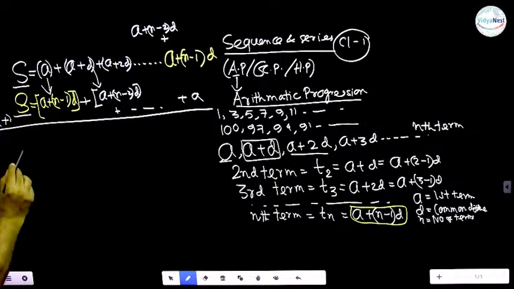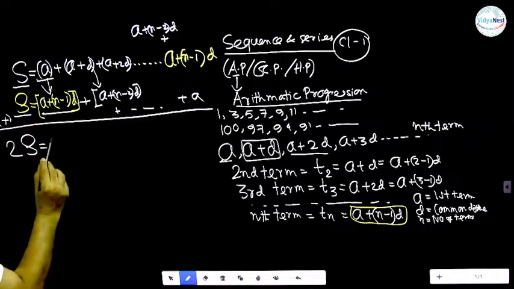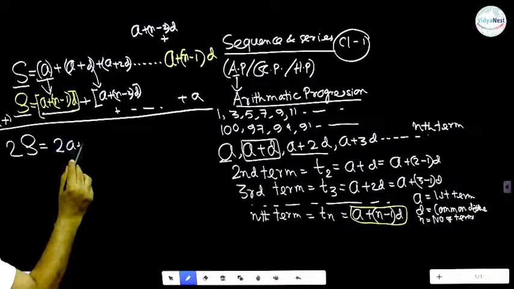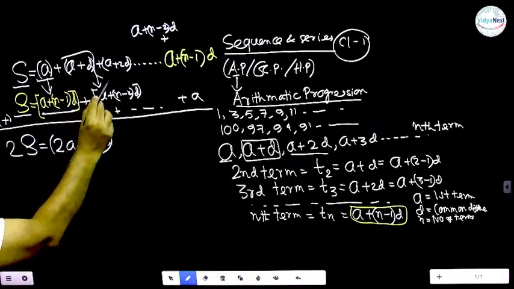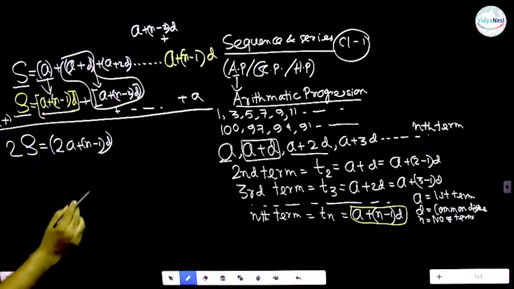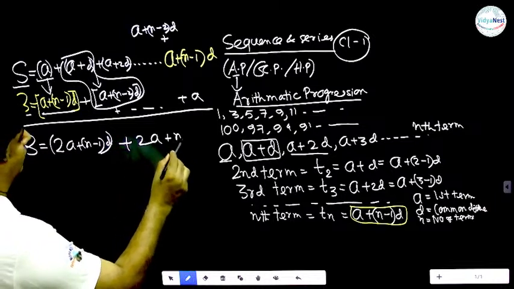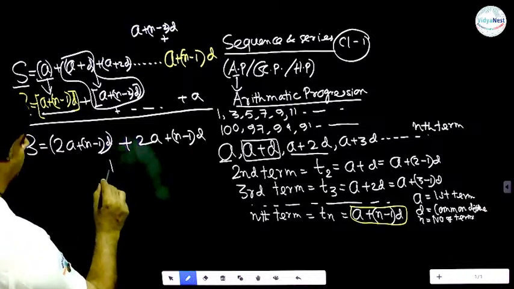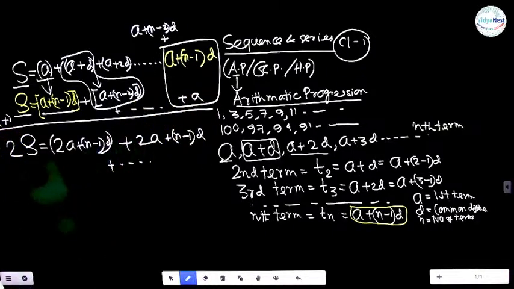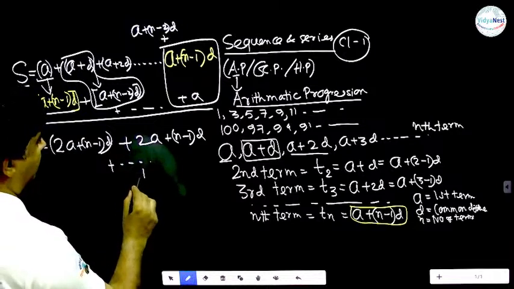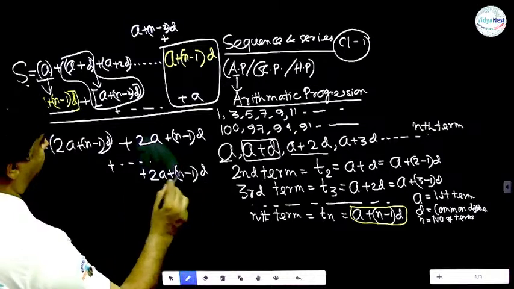S plus S, twice S. If I add, I will get 2A plus n minus 1 into D. If I add these two, I also get 2A plus n minus 1 into D. Proceeding in this manner, if I add the last term and first term, also 2A plus n minus 1 into D.